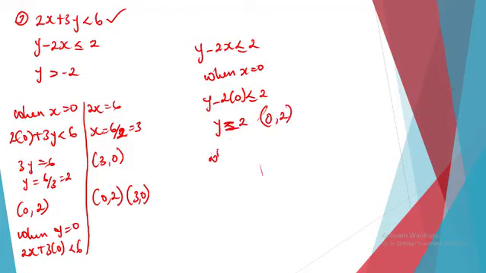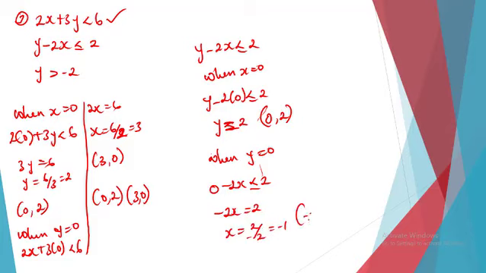And then when y equals 0, then we'll have 0 minus 2x less than or equal to 2. Then we'll have minus 2x equal to 2. x is equal to 2 over minus 2, which is minus 1. And therefore we'll have (minus 1, 0).